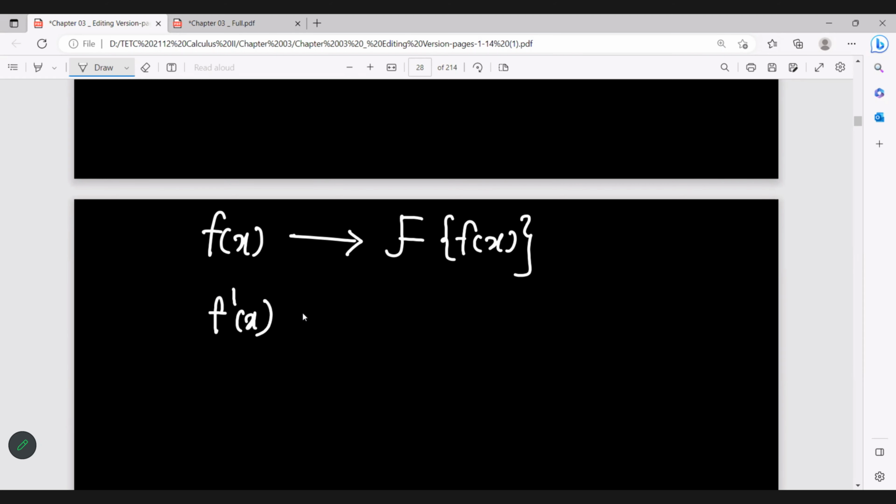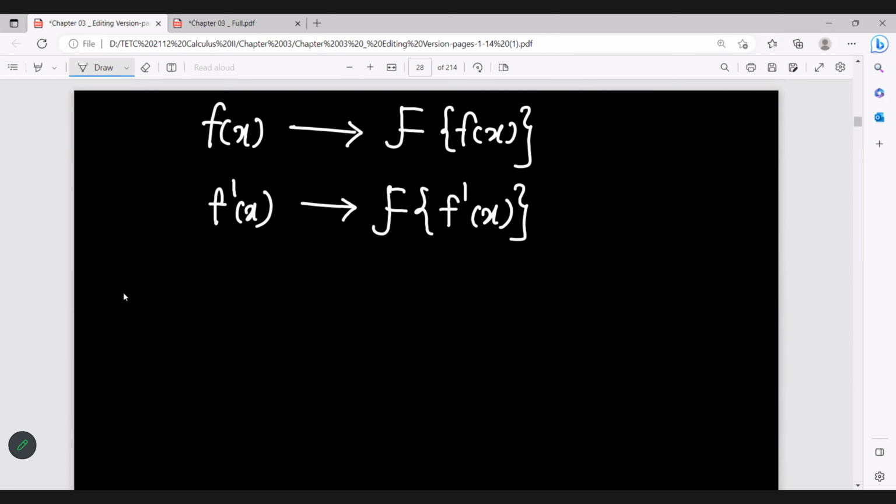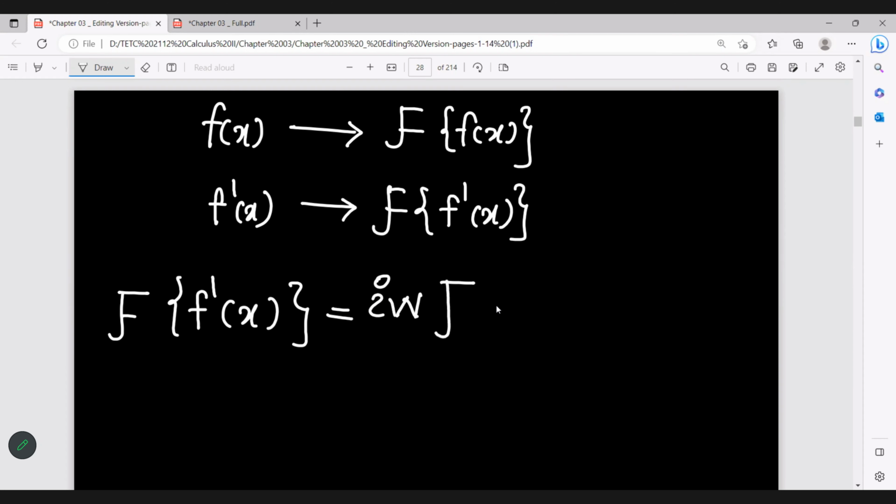We have a function f of x and we know its Fourier transform, and the derivative of this function is f dash x. We can obtain an expression for the Fourier transform of f dash x, which is iw times the Fourier transform of f of x.